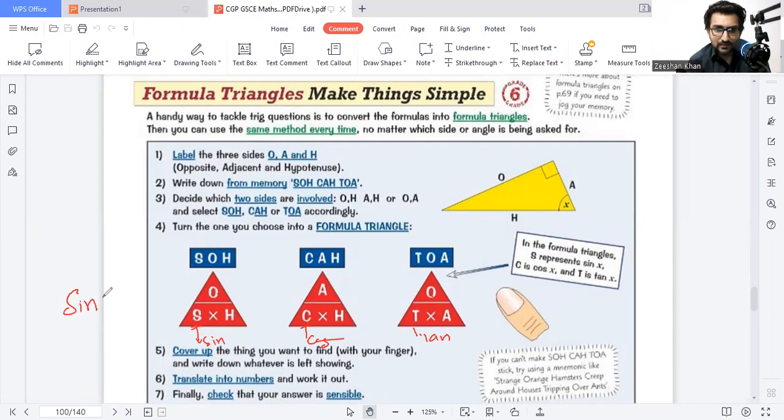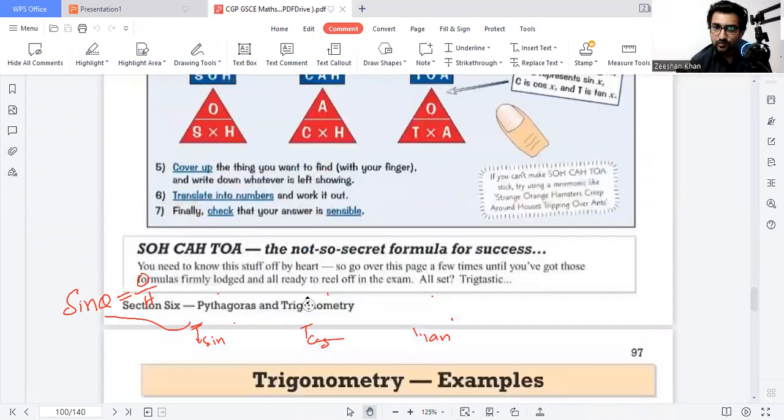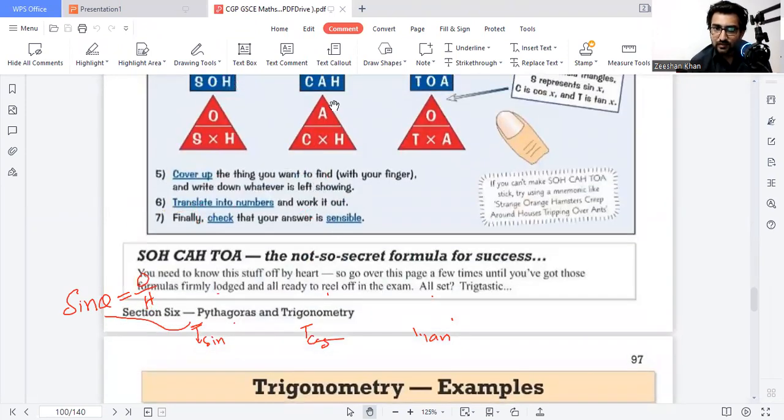Because sine theta, I have written this S here, which is equal to O by H. O by H, you can see, opposite by hypotenuse, right? So sine theta is equal to opposite by hypotenuse. Let me show you there. Sine x is opposite by hypotenuse. Cos is adjacent by hypotenuse, right?